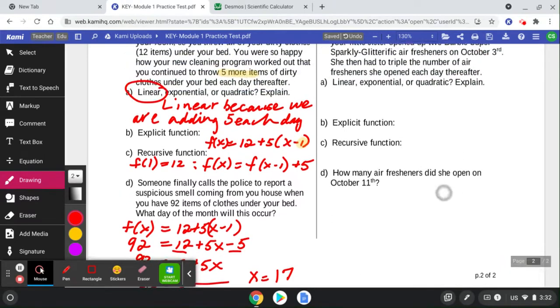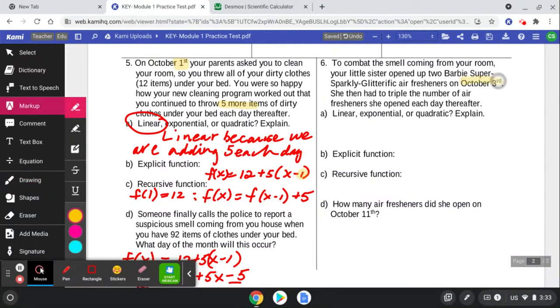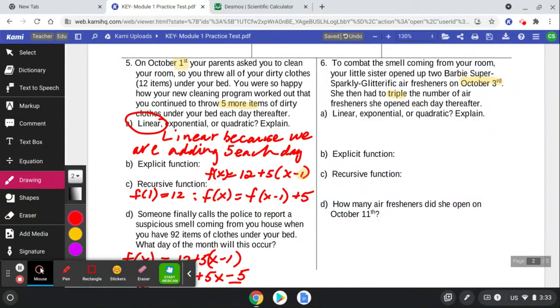Okay. Looking at this next one. To combat the smell coming from your room, your little sister opened up 2 Barbie super sparkly glitterific air fresheners on October 3rd. She then had to triple the number of fresheners she opened each day thereafter. If we're tripling, is this linear, exponential, or neither? You got it.